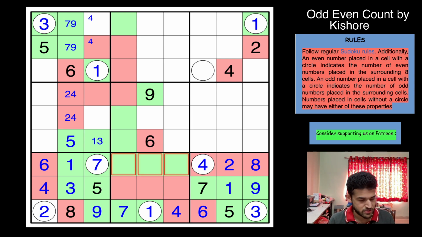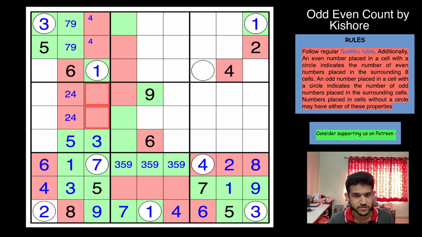These will be 3, 5, 9. Okay, so 1 here gives me a 3 here. And 4 evens along that column. So these are all evens, which means this will be a 6, 8 pair.